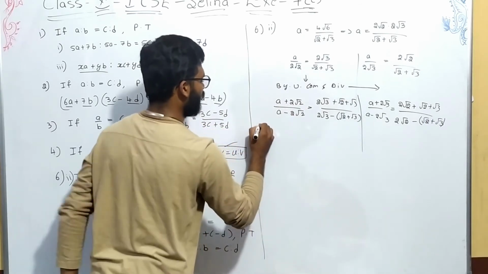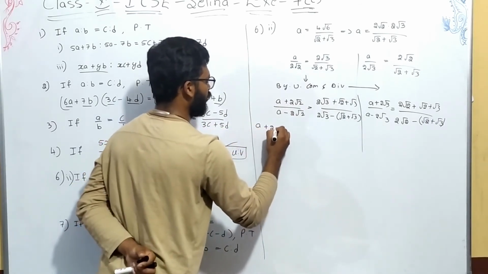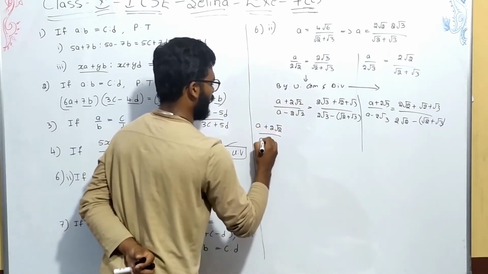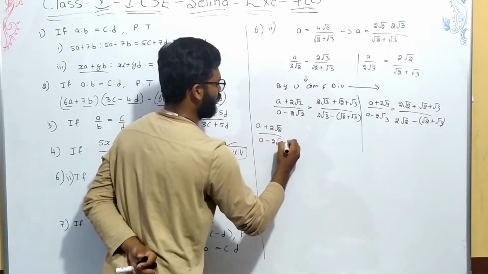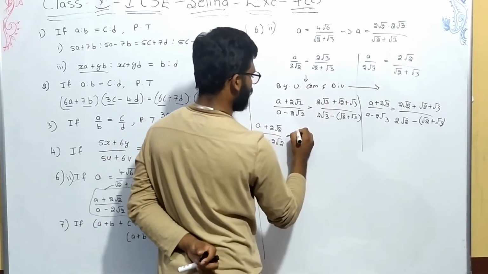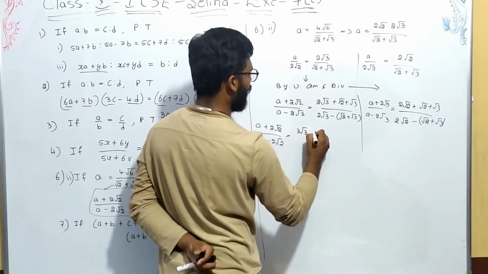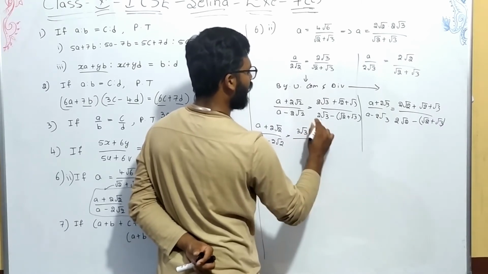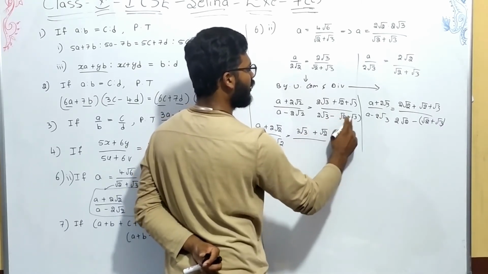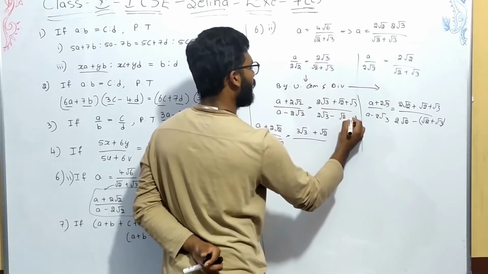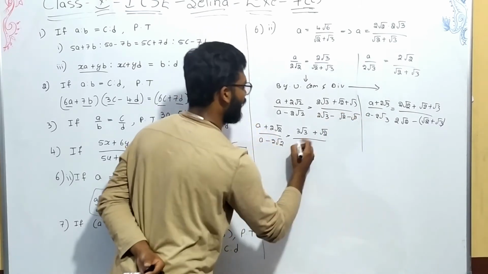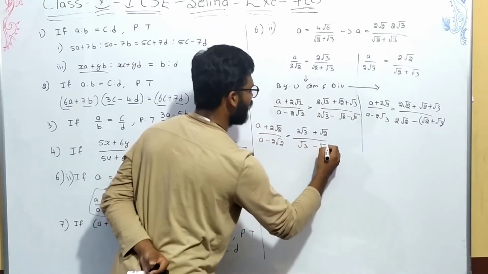So what will it become? (a plus 2 root 2) by (a minus 2 root 2) is equal to (2 root 3 plus root 3)... 3 root 3 plus root 2 over 2 root 3, here if you remove the bracket we will get minus root 3, right? 2 root 3 minus root 3 is root 3 minus root 2.